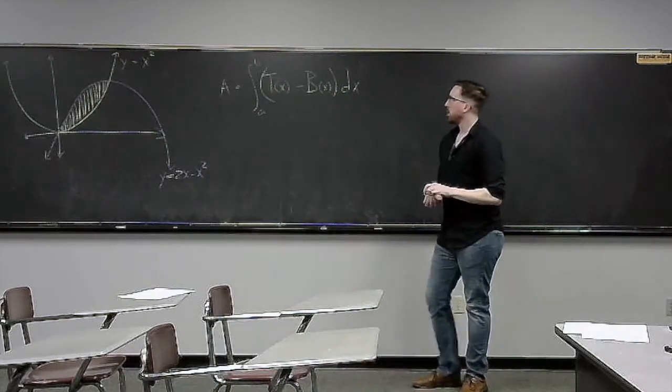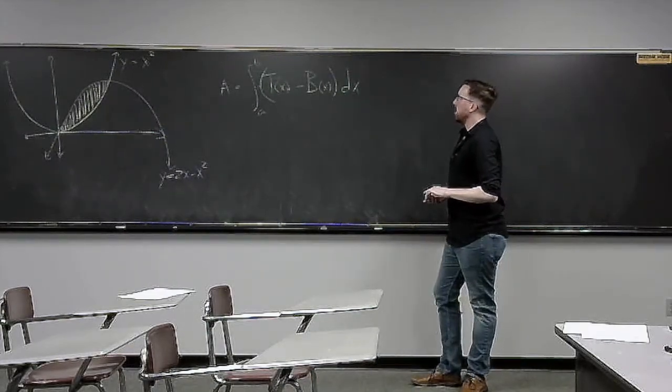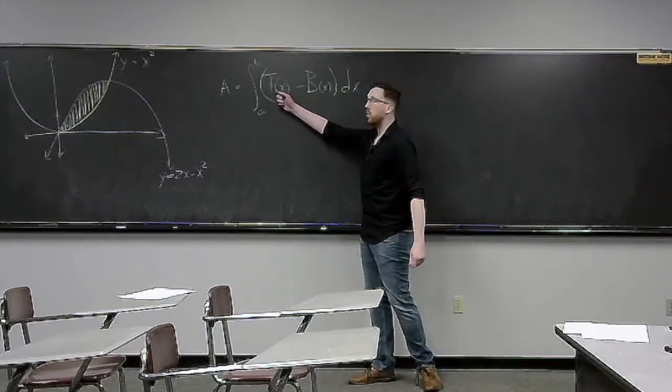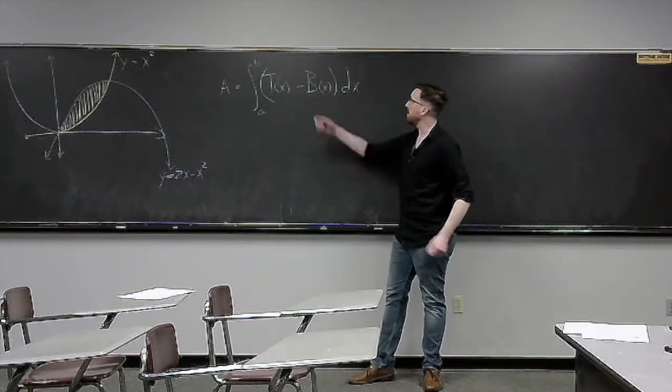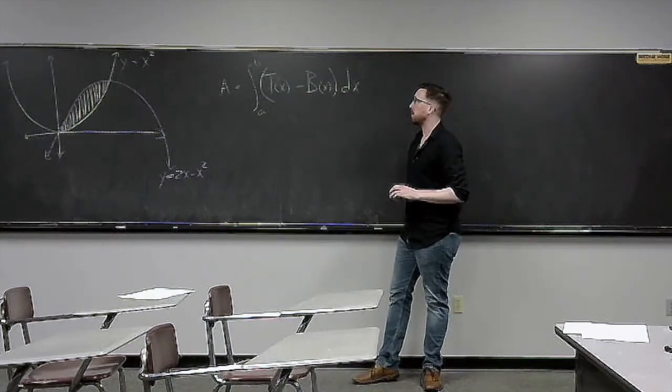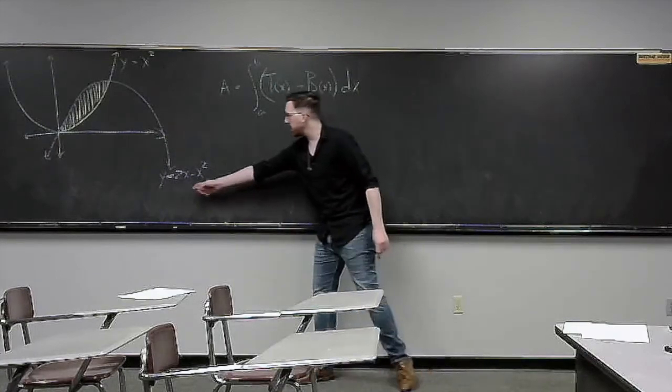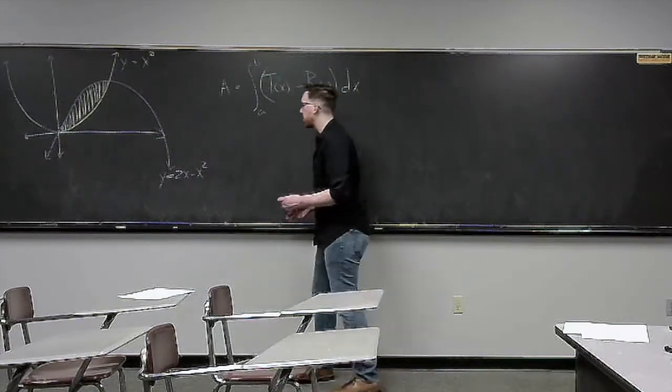All right. So looking at this, t of x is going to represent our top function, b of x is going to represent our bottom function. In this case, our top function is 2x minus x squared.